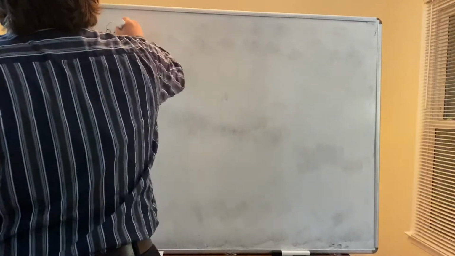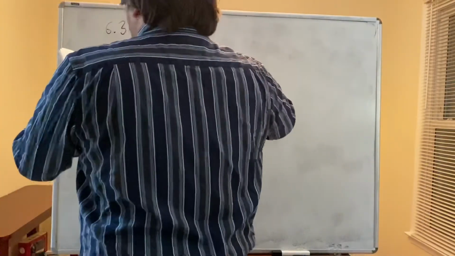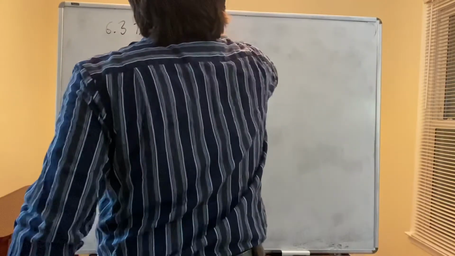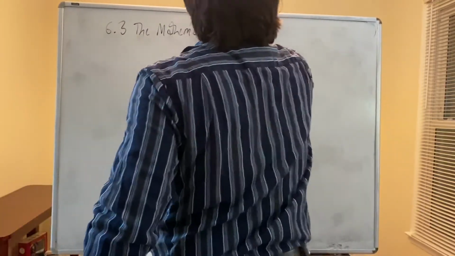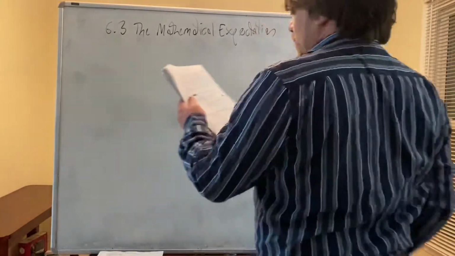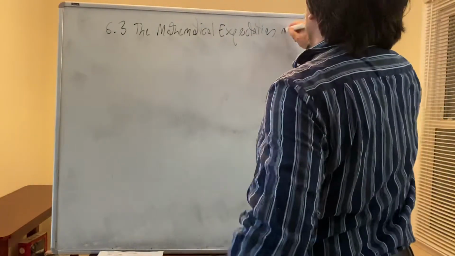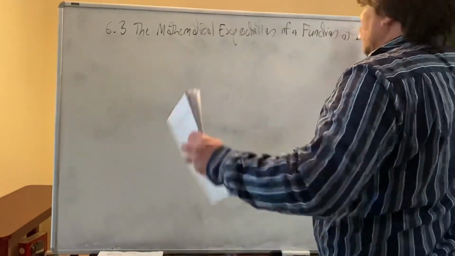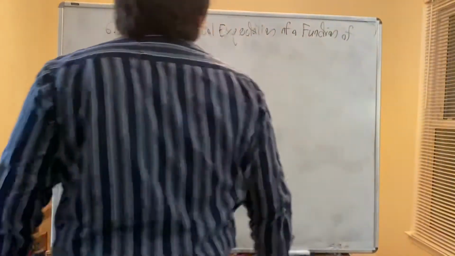Okay, so 6.3, the mathematical expectation of a function of a random variable.